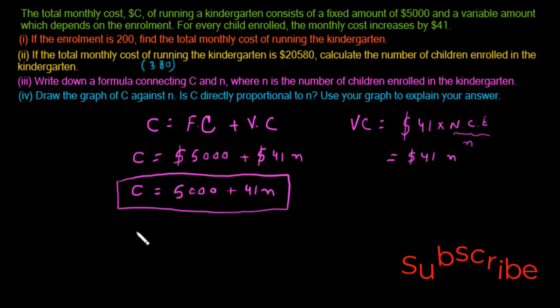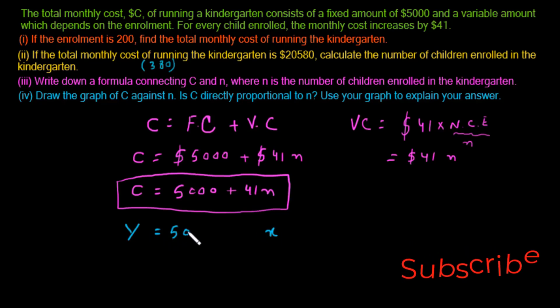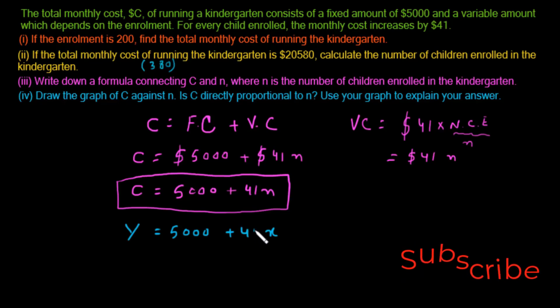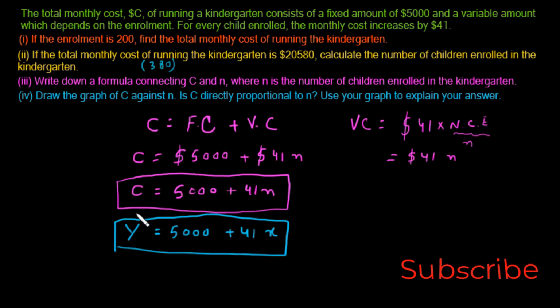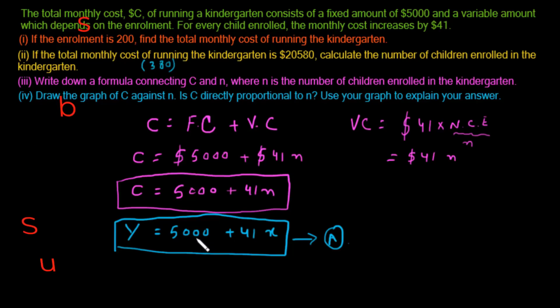So C will be along the y-axis and n will be the x-axis, the horizontal axis, and this is vertical. So 5,000 plus 41 n. This is the equation that is equivalent to the one above it. Okay? So we will have to see its features and characteristics in GeoGebra. So let's move on and see its characteristics.